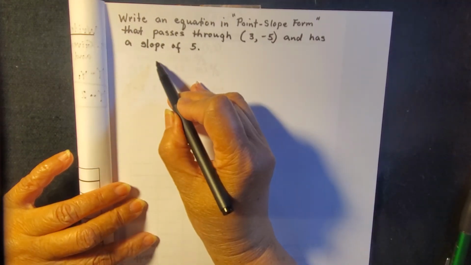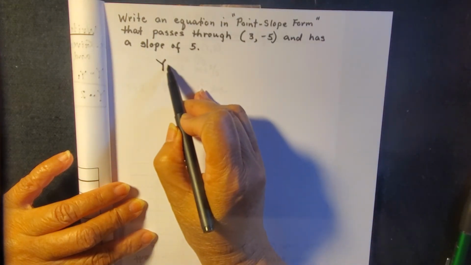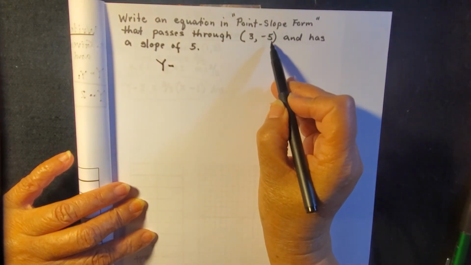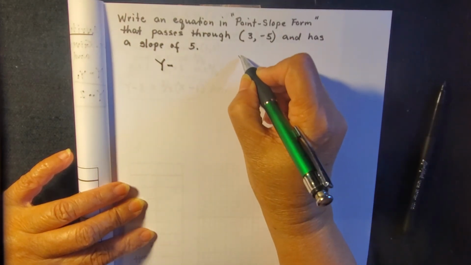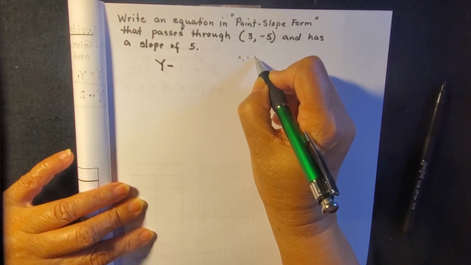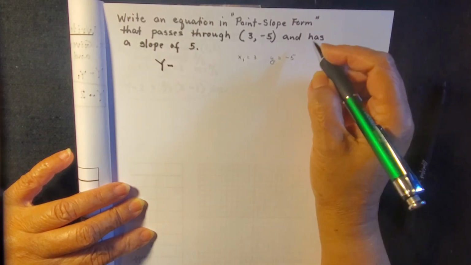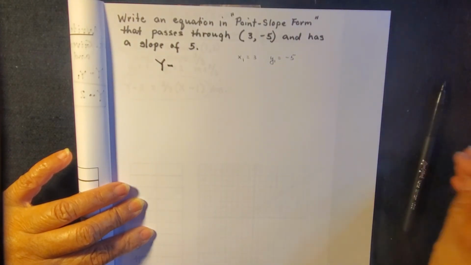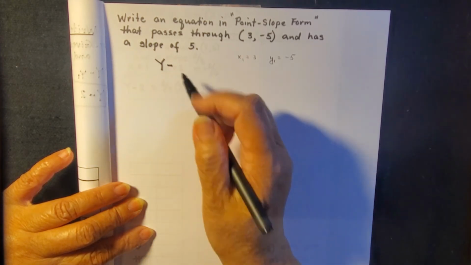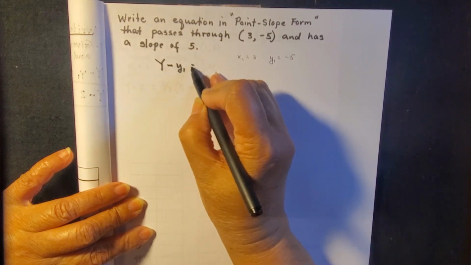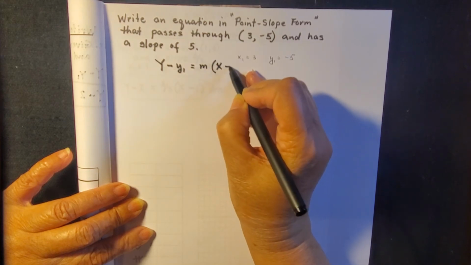Okay, let's see. This is the answer. Compare your answer with my answer. Now take note here that x1 is 3, y1 is negative 5. So, when I plug in, the formula says y minus y1 equals m times parenthesis x minus x1.